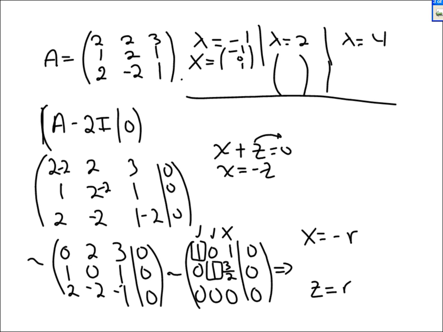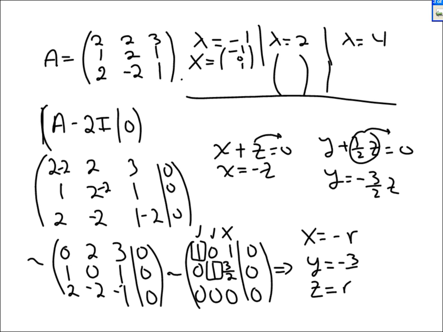but z is r. The second row says that 1y plus 3 over 2 z is 0. Bring this to the other side, y is negative 3 over 2 z. Except z is r. So this would tell me that x can equal negative r.